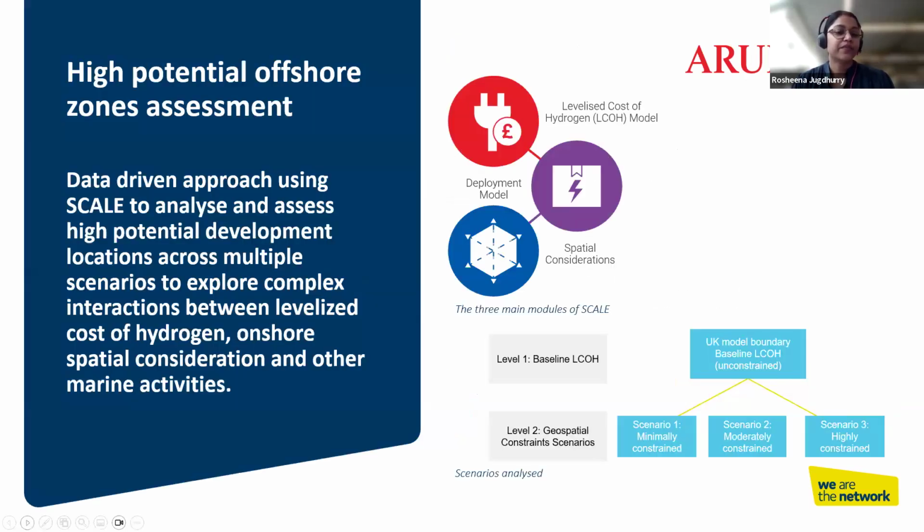In doing so, we've adopted a data-driven approach that uses SCALE to map out levelized costs of hydrogen across the study area, but also tests a range of geospatial scenarios to balance between LCOH and other marine activities that happen around the seabed. We looked at 3 geospatial scenarios in this study and varied the treatment of those constraints.